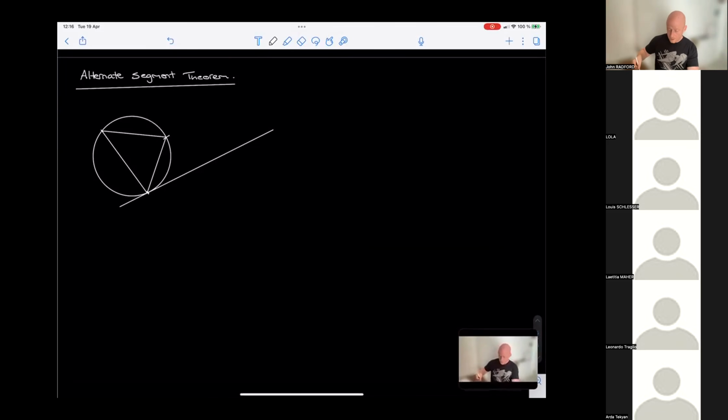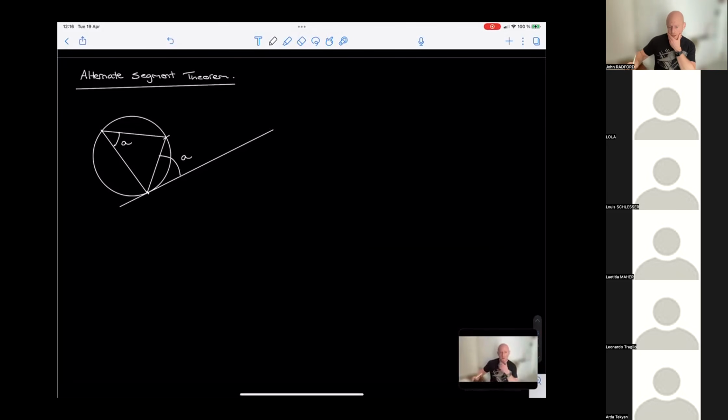Now, the alternate segment theorem tells us that this angle here, which I'll call A, is equal to this angle here.